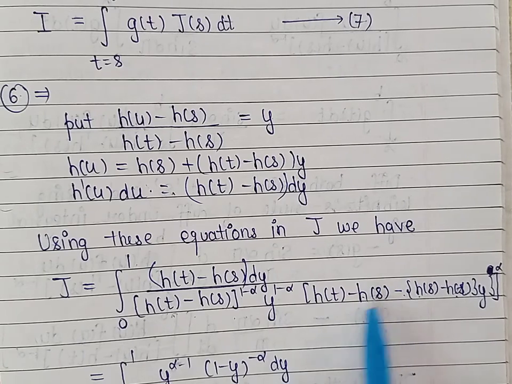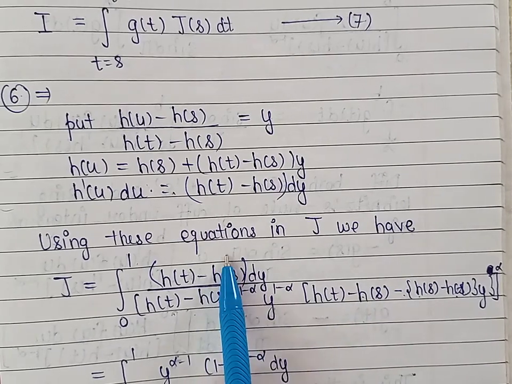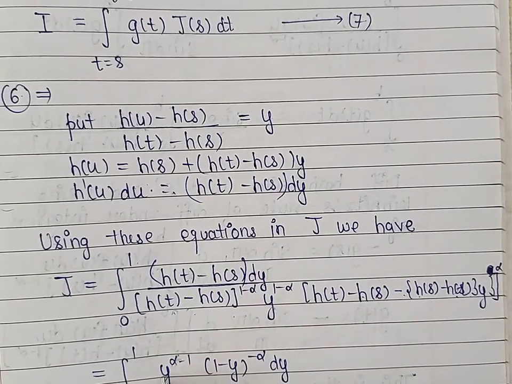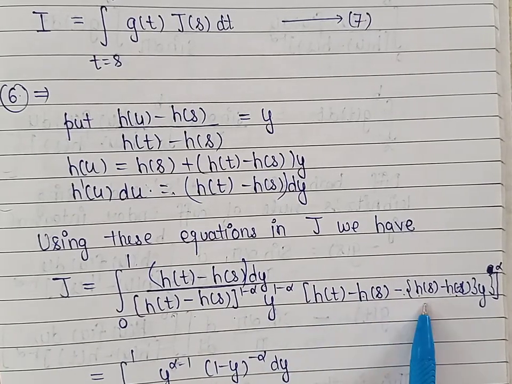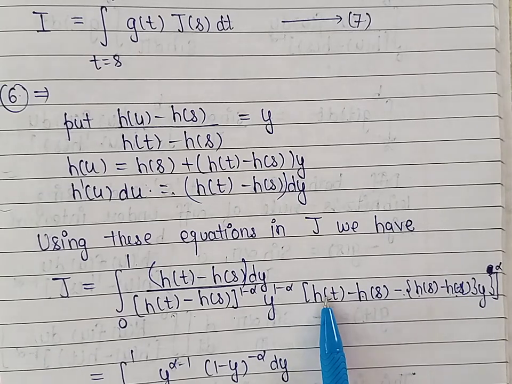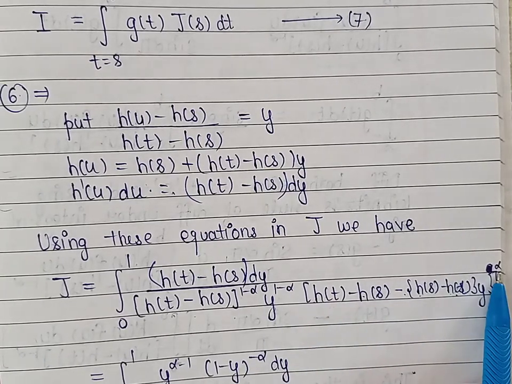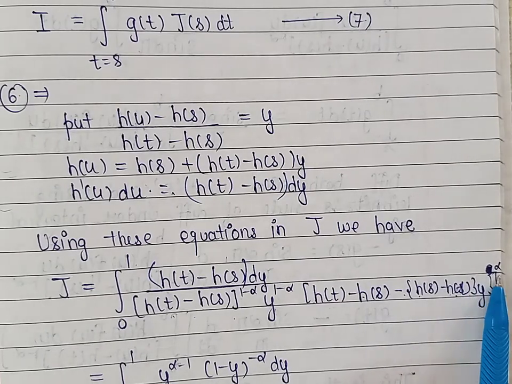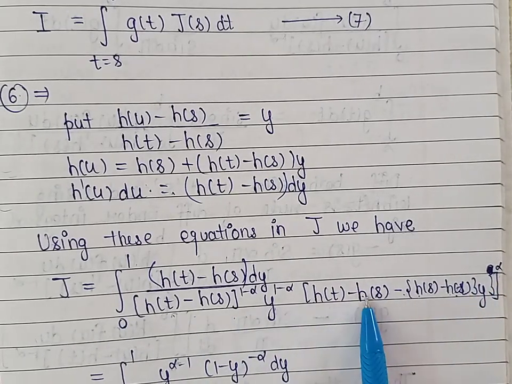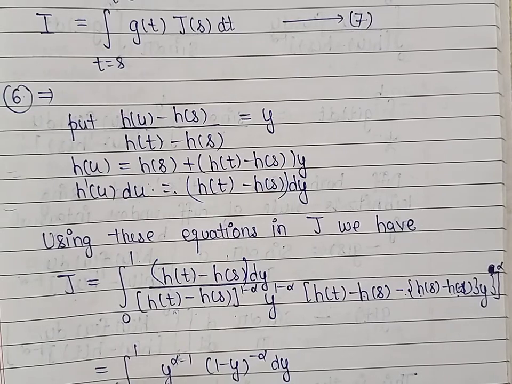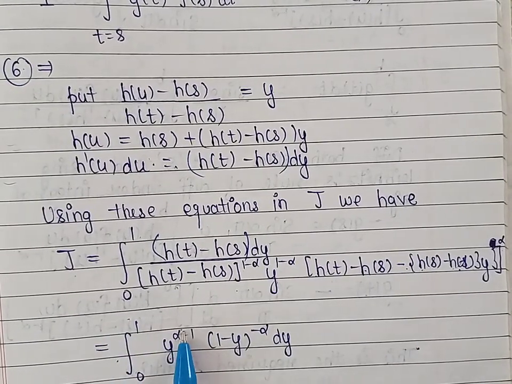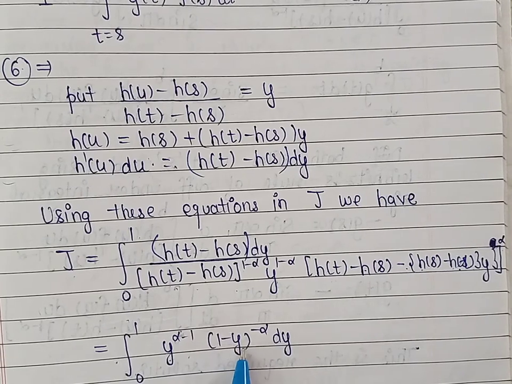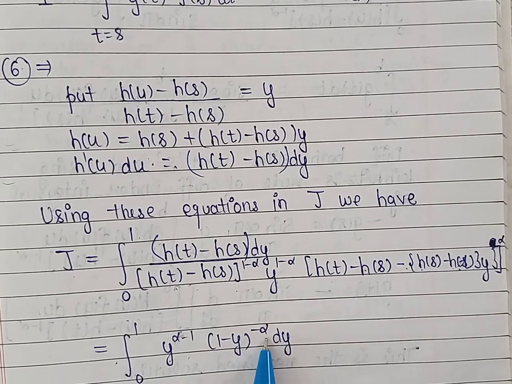So from here, taking this term in the numerator, this will become y raised to the power alpha - 1, and combining these terms we can take h(t) - h(s) common, inside we will get (1 - y) whole raised to the power alpha. So combining the terms here, we get the value of integral J, that will be integral 0 to 1 of y^(alpha - 1) into (1 - y)^(-alpha) dy.